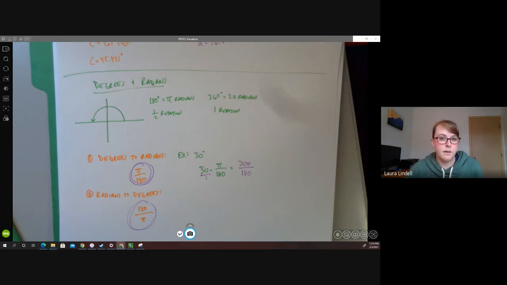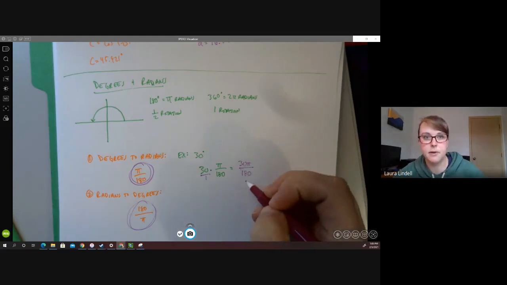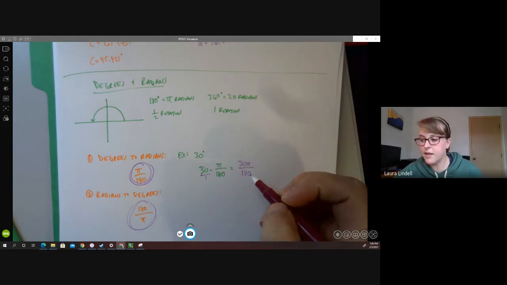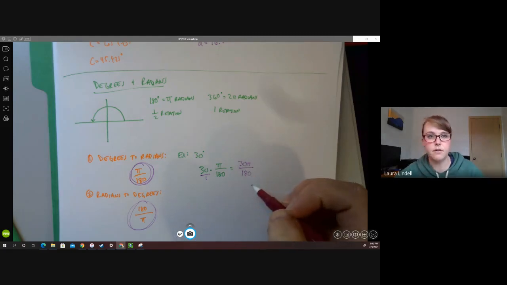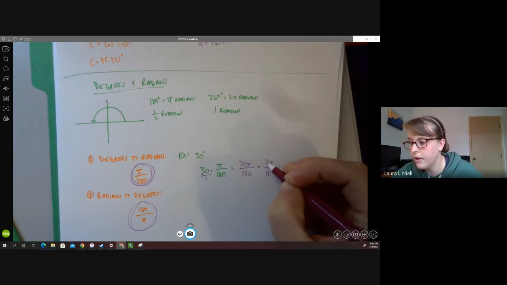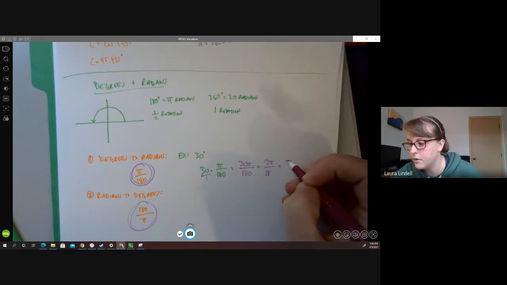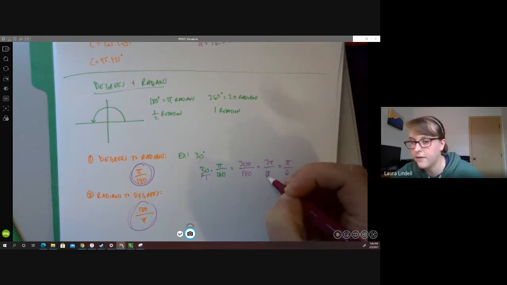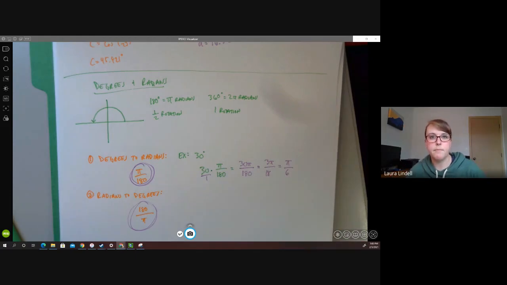The only thing that we get hung up on is that's not the simplest way to write it because that is not a reduced fraction. So we want to make sure we reduce our fraction. Both of these are actually divisible by 30. If we don't immediately recognize that, the first thing you can do is knock off a 0. And we get 3 pi over 18. And then we can notice that that's equal to pi over 6 if I divide by 3 on the top and the bottom.